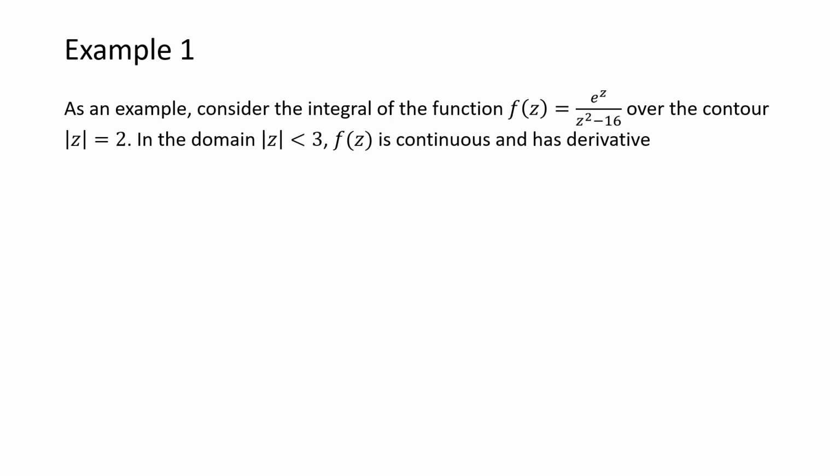The reason we picked that is because when you factor the denominator, you see that the roots of the denominator are 4 and minus 4, and those are singularities where we know we don't have a derivative. In fact, the function's not continuous there, but the function is continuous and has a derivative within this domain of definition.